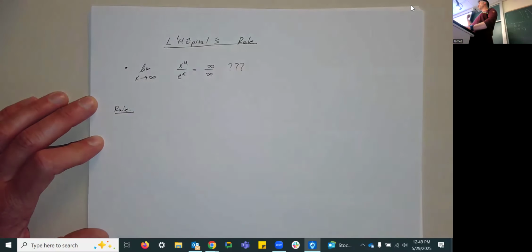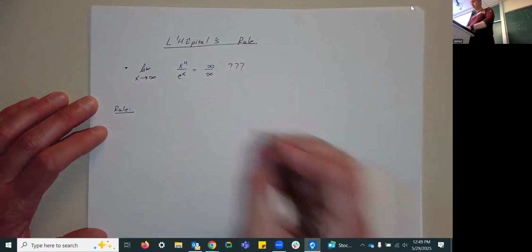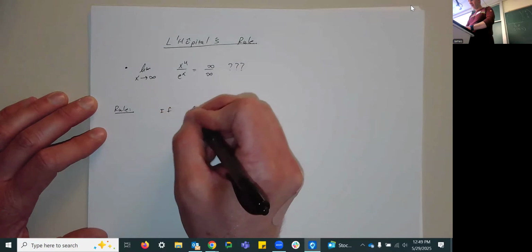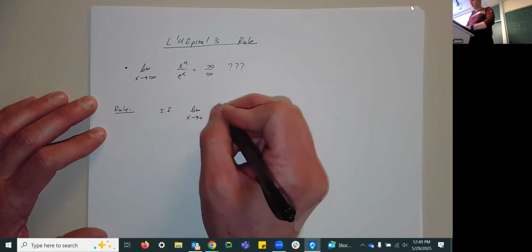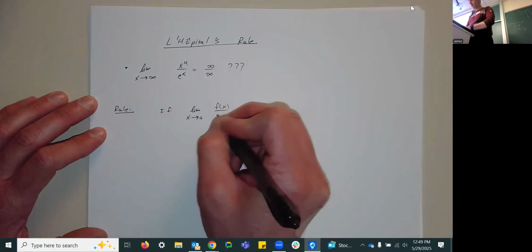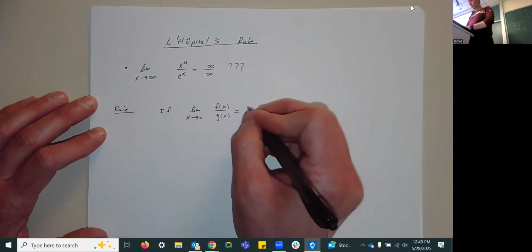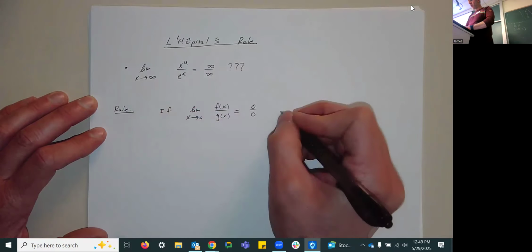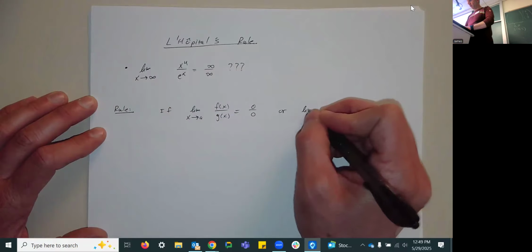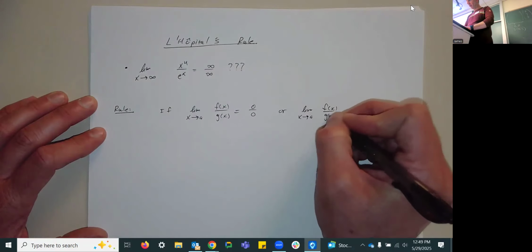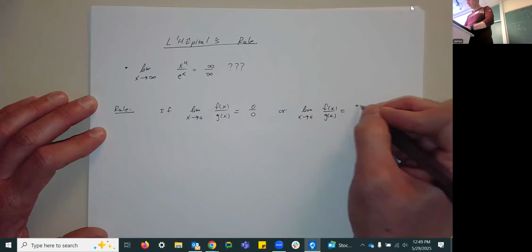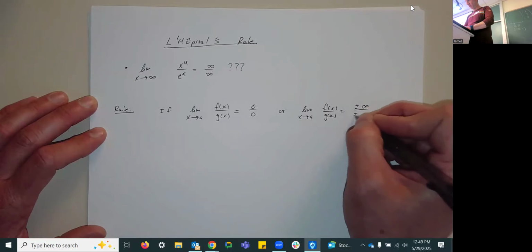There's two situations in which you're allowed to use L'Hopital's rule. If you have the limit as x approaches a of f of x over g of x equal to either 0 over 0 or any sort of infinity over any sort of infinity.